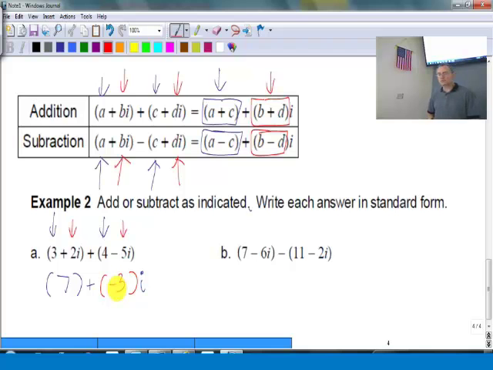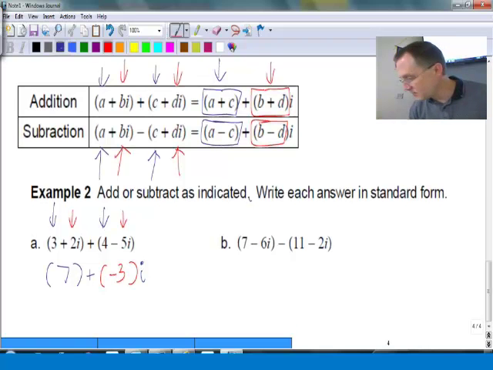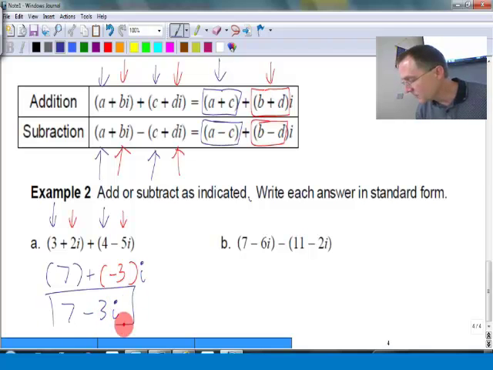So 7 plus negative 3i. And when on a test the problem says write the final answer in the form a plus bi, a minus bi is okay. So the final answer could easily be written in the form 7 minus 3i, and everybody would be good with that.